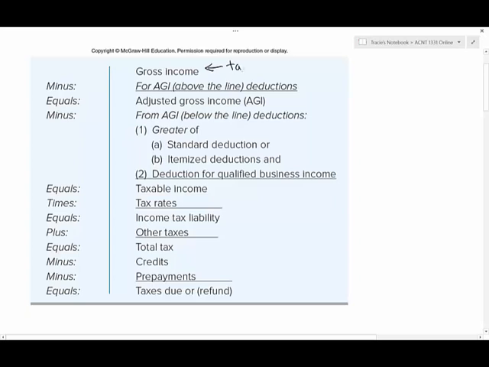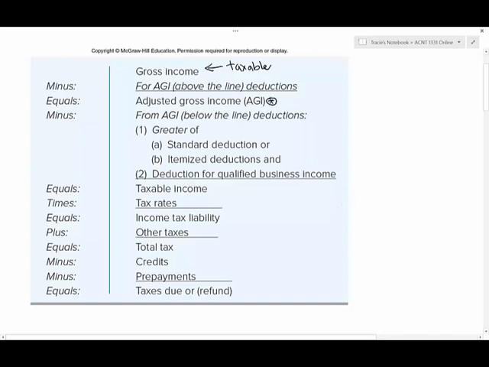This is all income that the IRS has determined to be taxable. We'll then subtract our for AGI deductions. We call these above the line deductions, and that equals adjusted gross income.